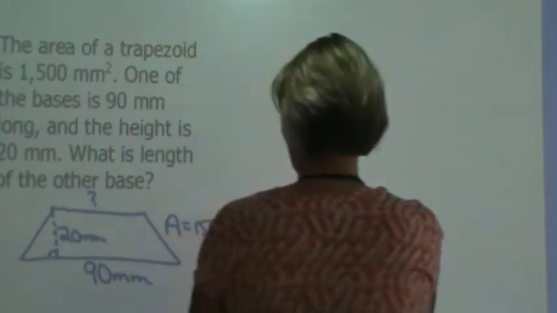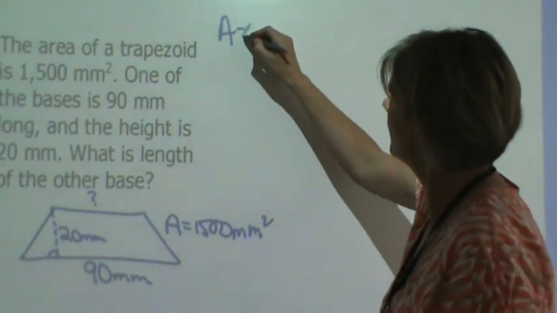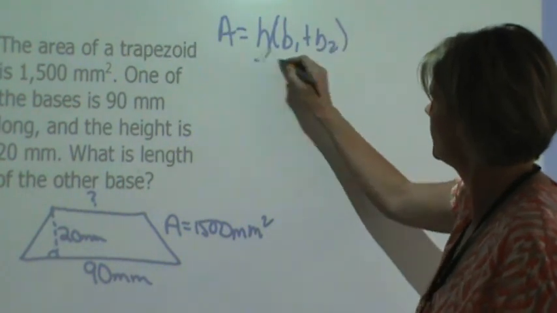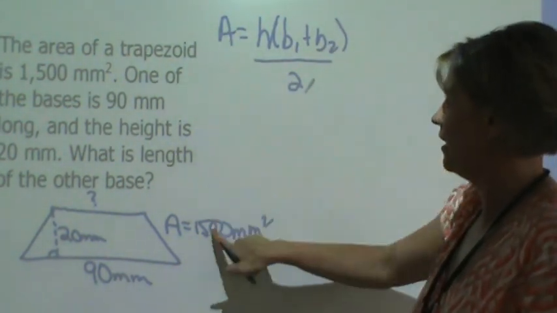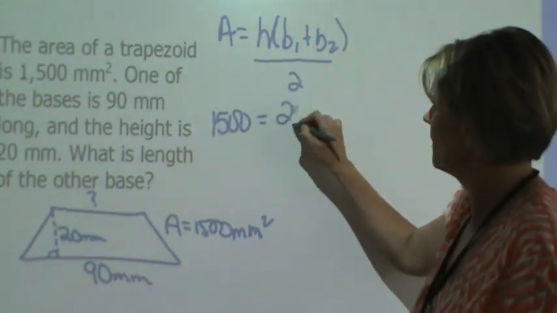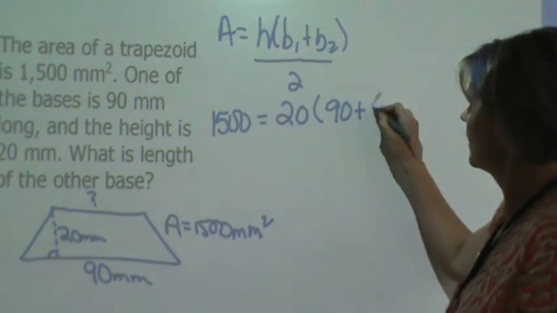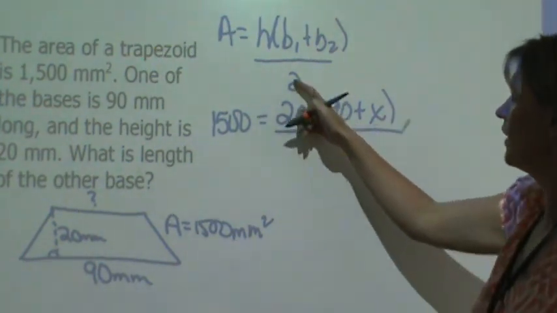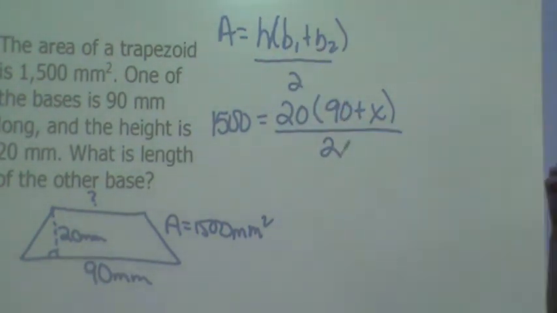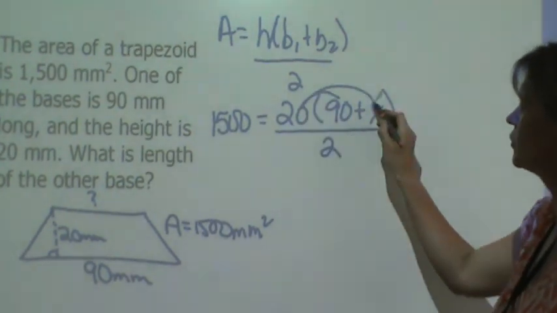Okay, so we're going to use that formula. All right, so we have area equals the height times the sum of the bases, all divided by 2. All right, we know A is 1,500. We know H is 20. We know one of the bases is 90. We don't know the other, I'm just going to call it X. And we're going to divide that whole thing by 2. You can call it B2 or B1, that's fine. I just picked a variable. Okay, so order of operations, these can't be simplified, but we could distribute.